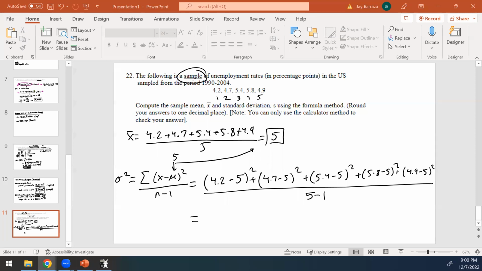So sigma squared is equal to 0.36. Any questions on that?